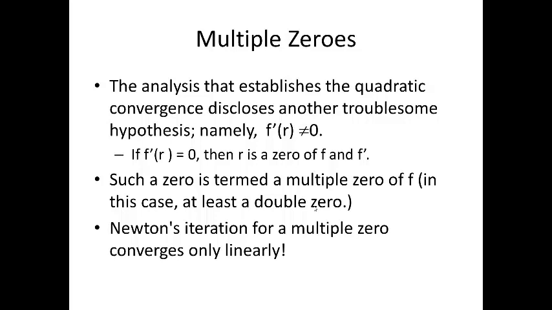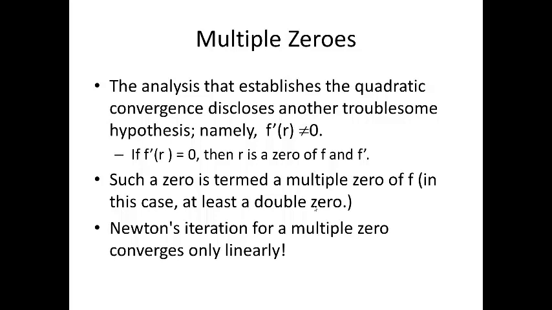If f prime of r is 0, then r is a zero of both f and f prime. This is called a multiple zero of f. In this case, it would be at least a double zero. And Newton's method for a multiple zero converges only linearly. And one of the problems is ordinarily you don't know in advance that the zero sought was a multiple zero.